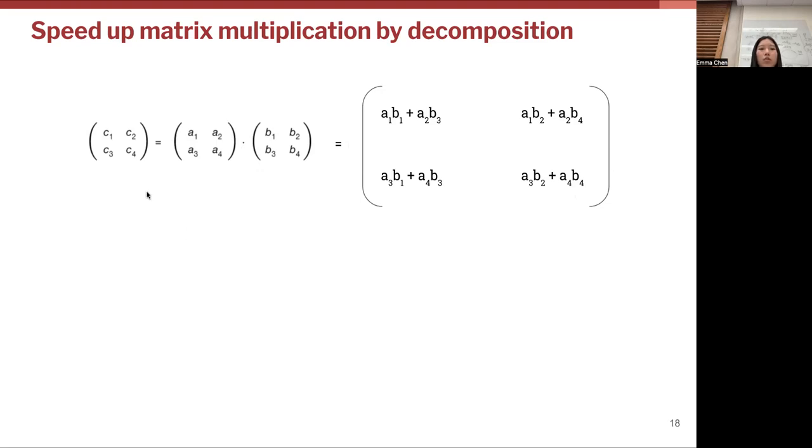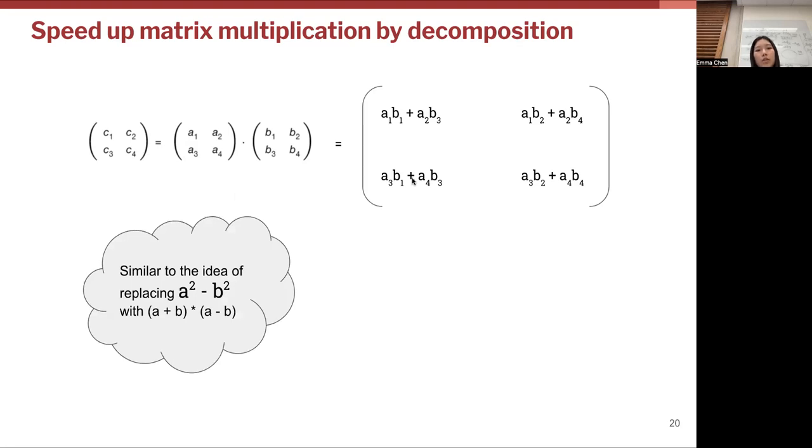So to do this simple matrix multiplication, we'll actually end up having to do 8 multiplications. So similar to the idea of replacing a squared minus b squared with a plus b times a minus b, can we come up with a way to reduce the amount of multiplication we have here and replace it with some addition?